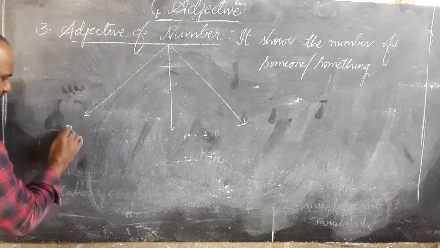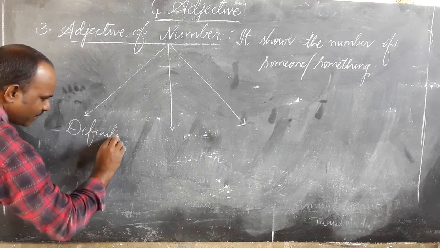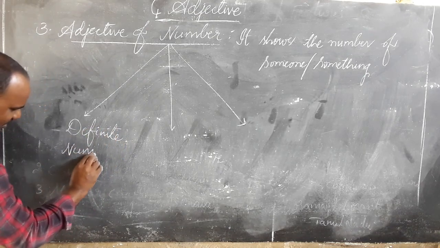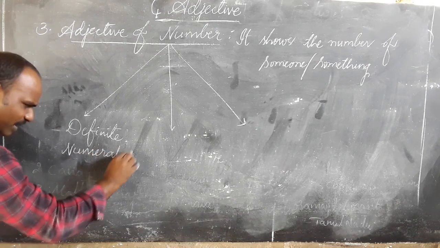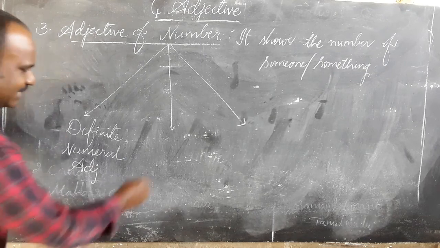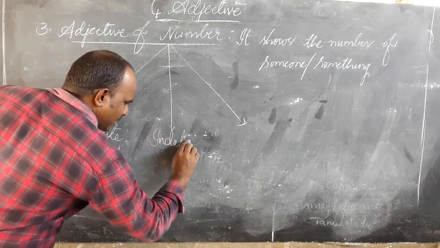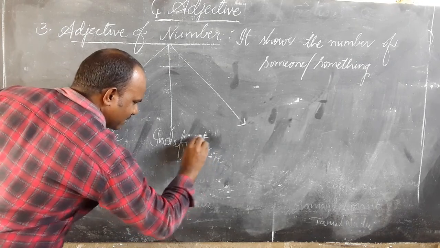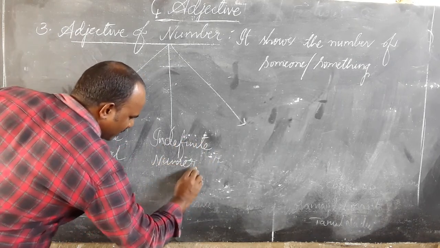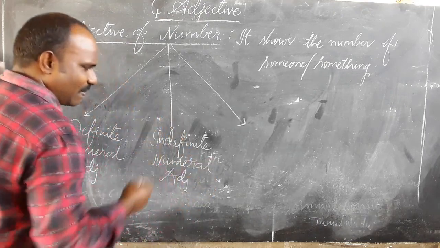The first one, definite numeral or number adjective. Second one, indefinite numeral or number adjective.